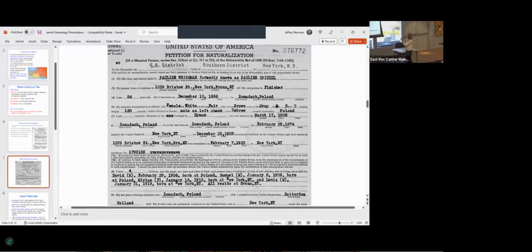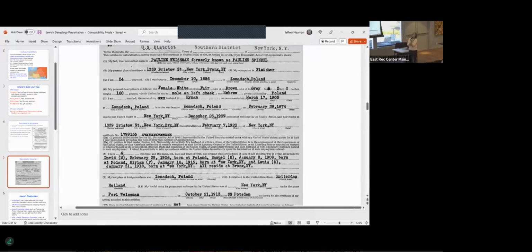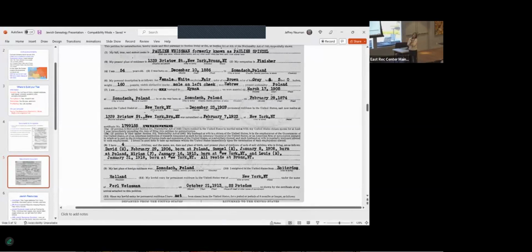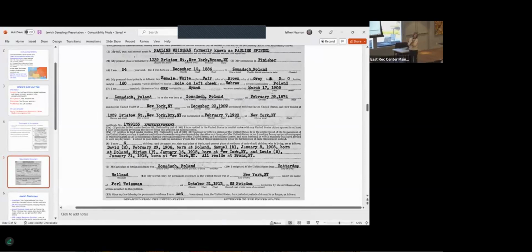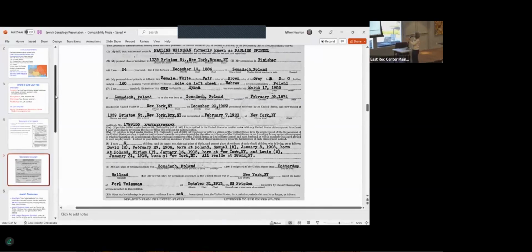And then down on the bottom, a lot of information with the birth dates of the children. So lots of information that you can add to your tree. This kind of document is very, very, very helpful. It also tells what ship they came on and where they left Europe.